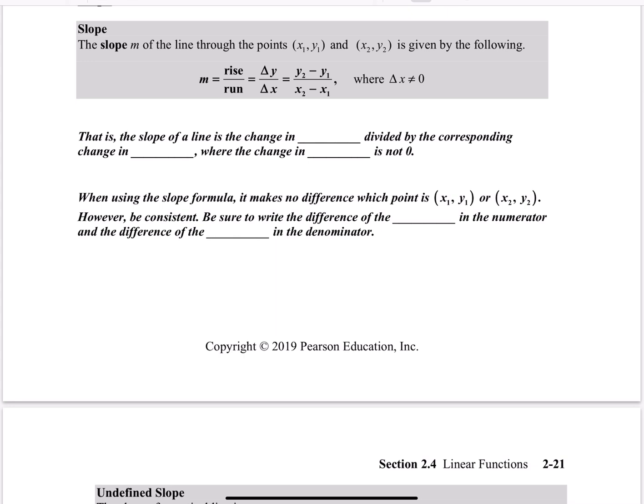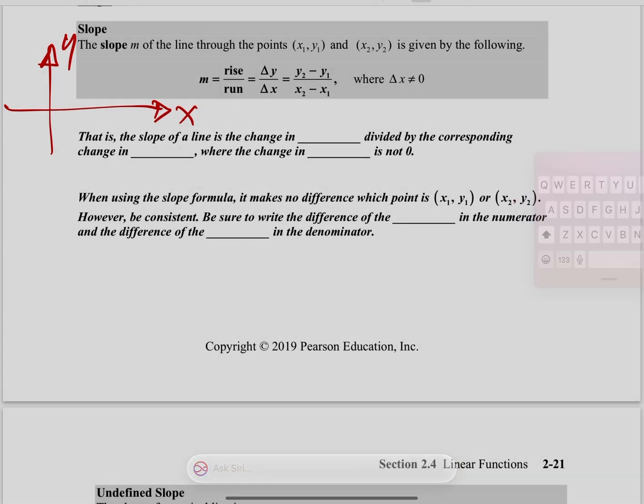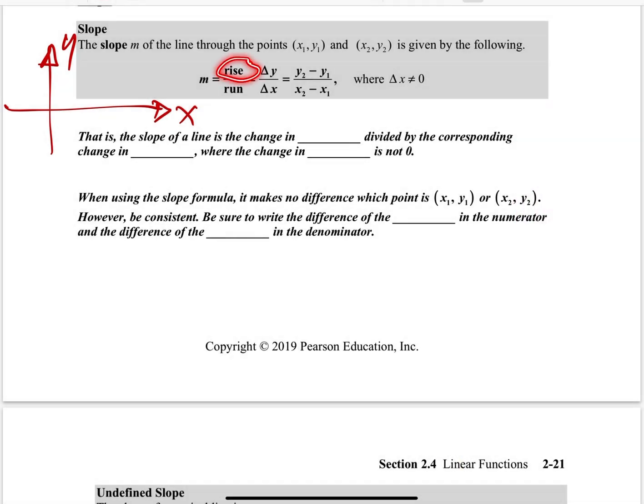We are dealing now with something called slope. Remember, the slope is rise over run. If you check the XY plane, the rise is the y-axis, and the run you can tell is the x-axis.